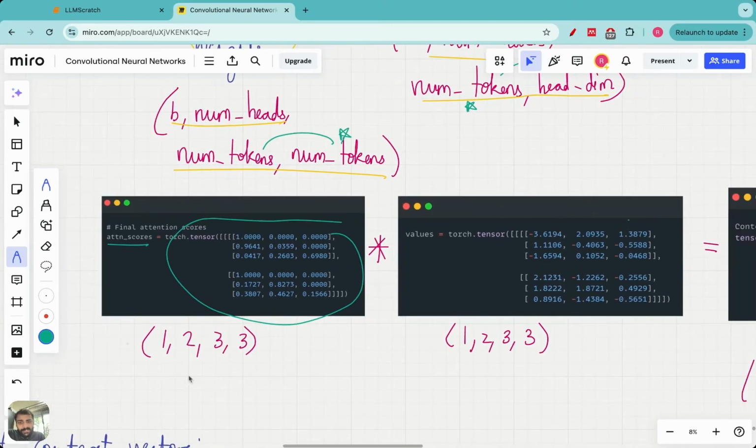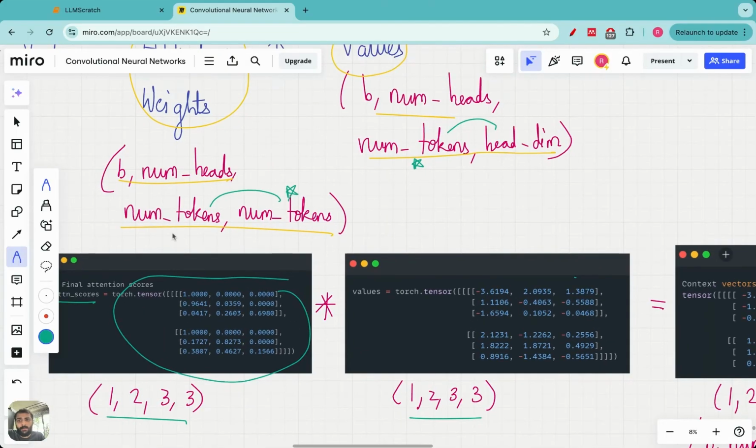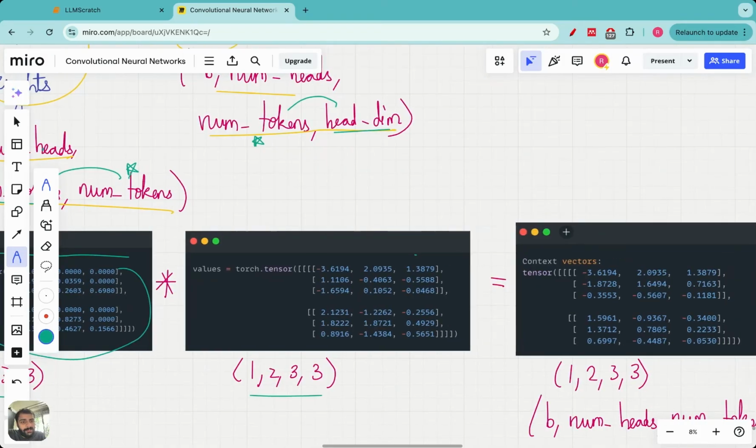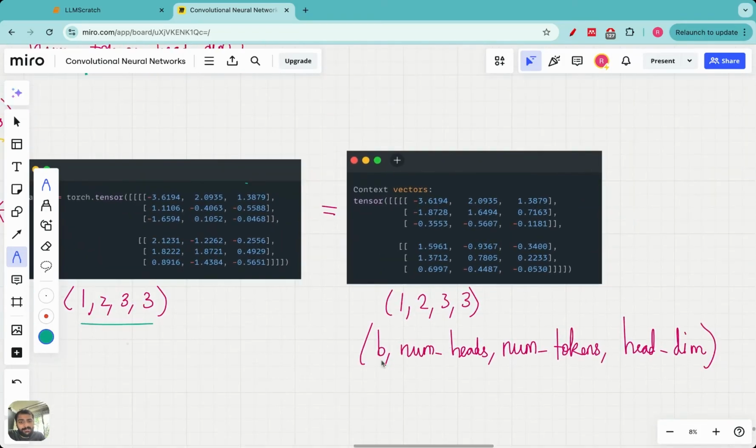This is 1, 2, 3, 3, and this is 1, 2, 3, 3, and when we multiply, the resultant output will be b, number of heads, number of tokens, head dimension. So here you can see that the context vector output is b, number of heads, number of tokens, head dimension, which is 1, 2, 3, 3.